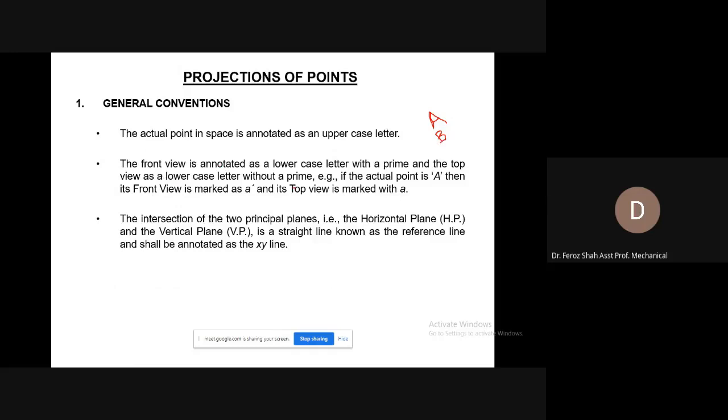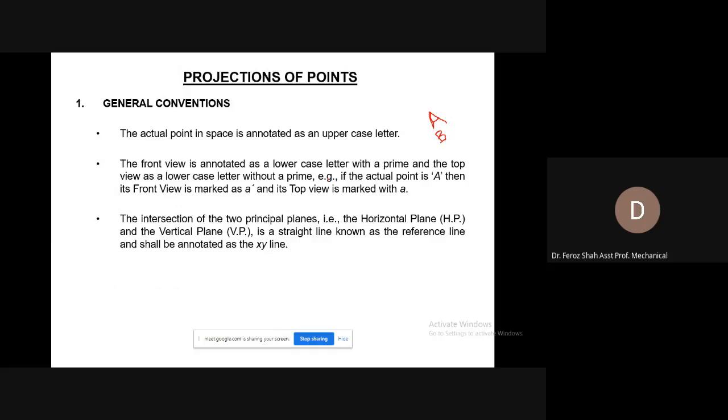The front view is annotated as a lowercase letter with a prime, and the top view as a lowercase letter without a prime. So, in orthographic projection, we will be dealing with the views or the projections of a geometrical entity, and for that, we will be drawing at least two views, that is the front view and the top view.